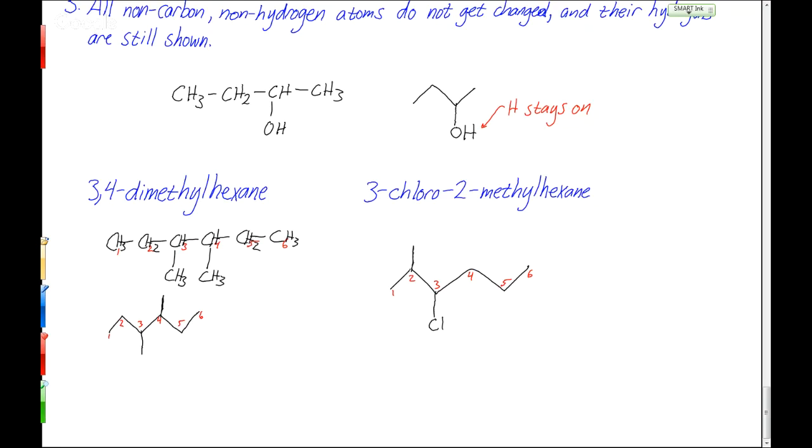So in one way, these structures are easier to draw from the names than the condensed ones because you don't have to worry about how many hydrogens are on each carbon. You just assume how they are. Whenever you draw more lines, you're cutting down the hydrogens, and you don't have to do anything about it. It just happens. Over here, when we make branches off of the chain, we have to have fewer hydrogens on that carbon to account for it. But this is just the kind of thing that takes practice.